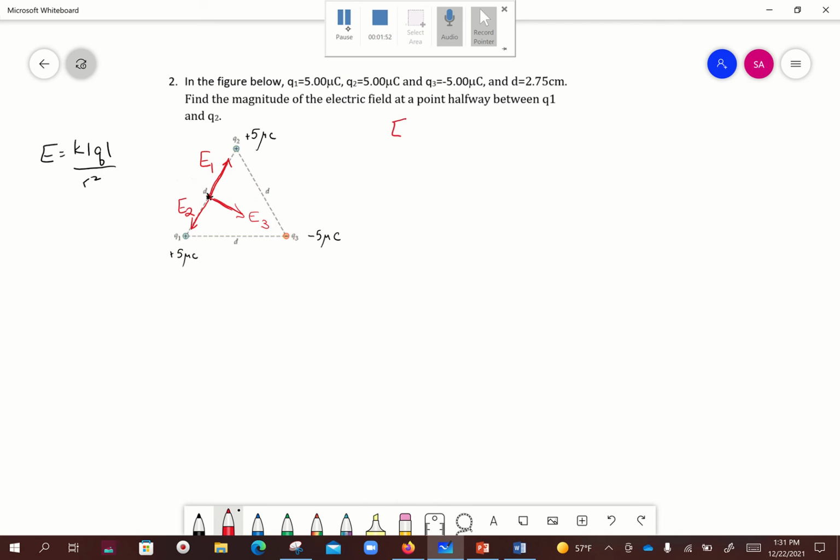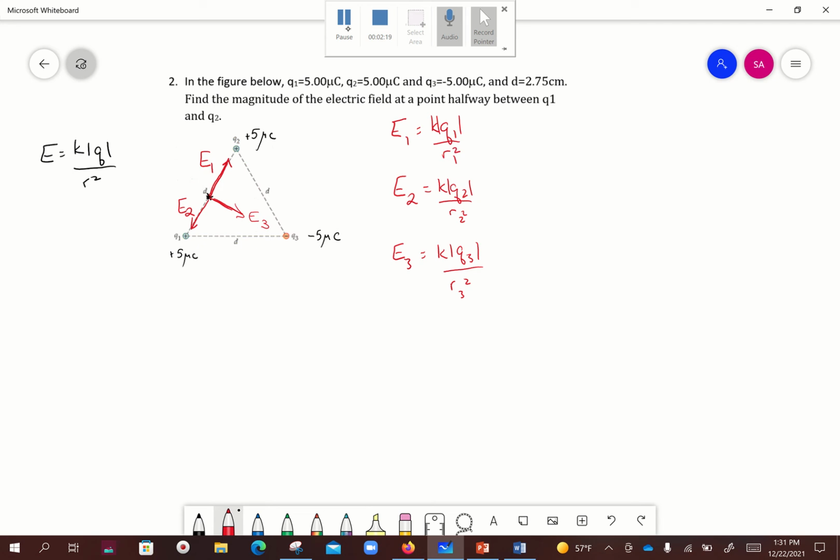All right, so what's E1? E1 is equal to kQ1 over R1 squared. E2 is kQ2 over R2 squared. And again, for these charges, we're going to take just the absolute value. And E3 is kQ3 over R3 squared.